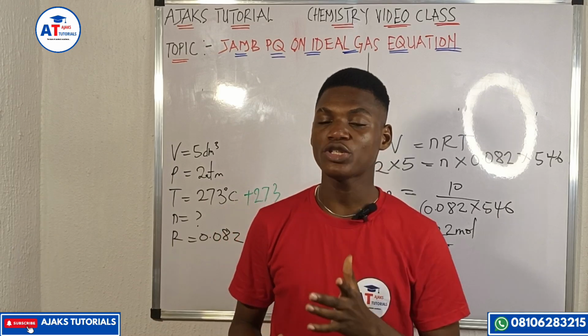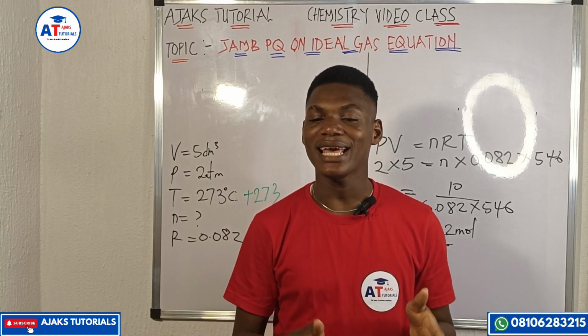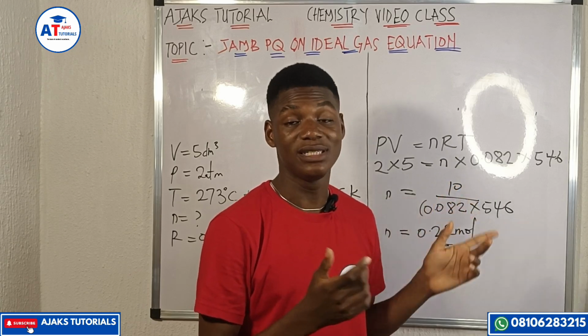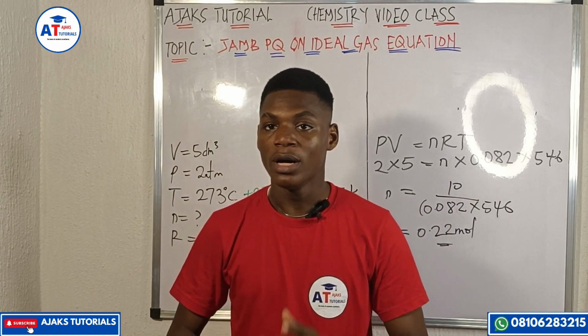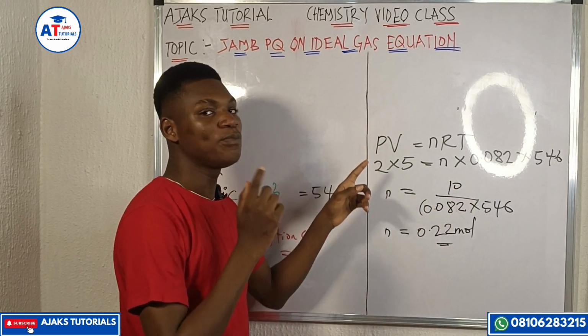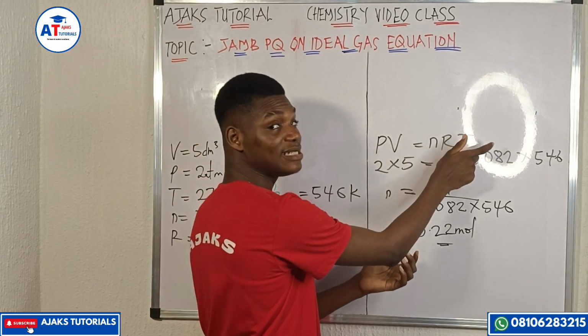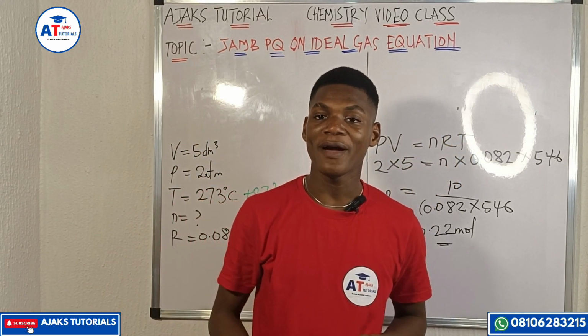Number two, when the gas is less energetic, it starts deviating from ideality. I also made mention of the formula PV equals nRT. It is used when you want to find P, V, n, R and T, and also when you want to find the compressibility factor.